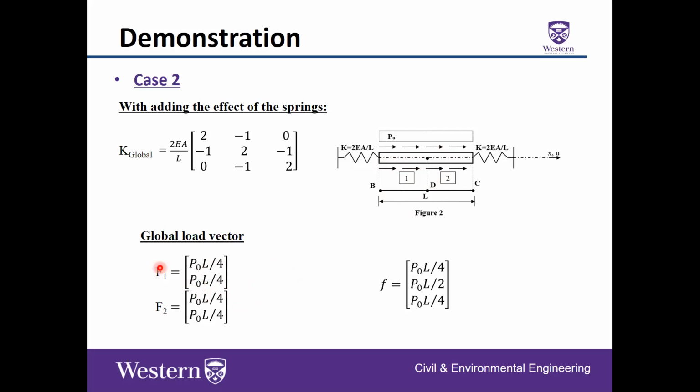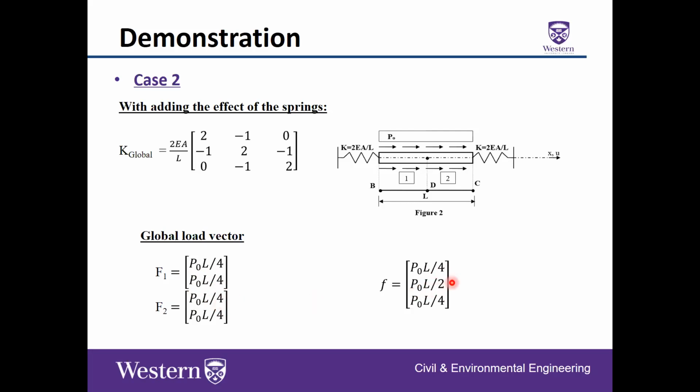When you are formulating, for element 1, this is for joint B, and this is for joint D. And for element 2, as you see here, the first one is for joint D and then for joint C. When you formulate the global load vector from these two local load vectors, you will have 3 elements, corresponding to B, D and C. So the first one would be P node L/4, and the second one would be the summation of these two loads, which is P node L/4 and P node L/4 as well.